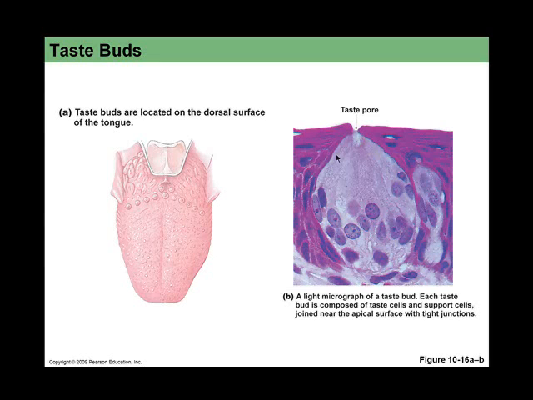But what we want to do here is appreciate that there's numerous cells in here, and it can be challenging to identify them histologically. You'd have to cut a lot of sections, serial sections, through an entire taste bud, any type of taste bud, to reconstruct the full collection of cells that are in there.